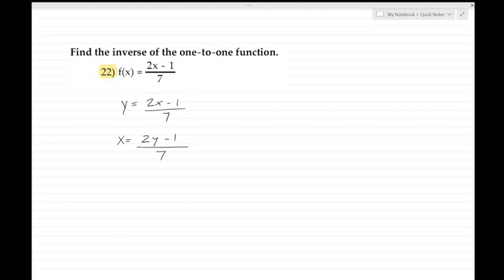Again, we swap them and then solve for the other variable.